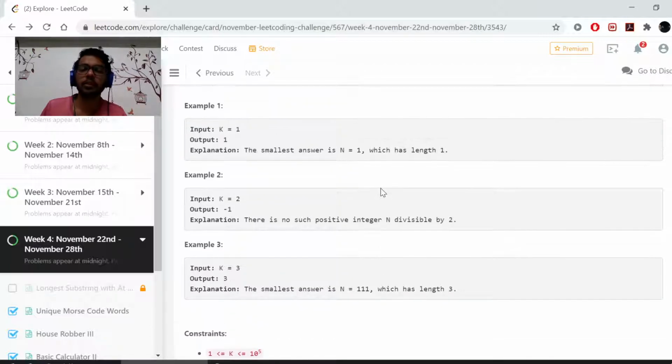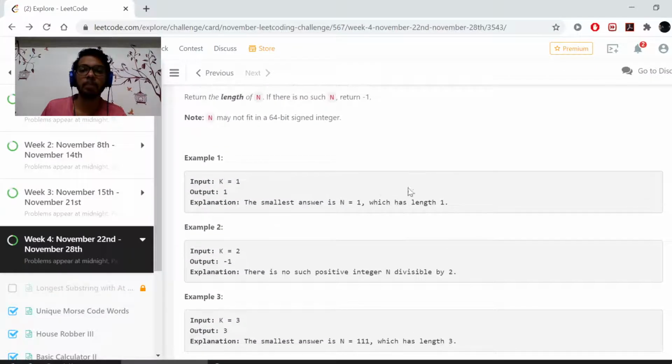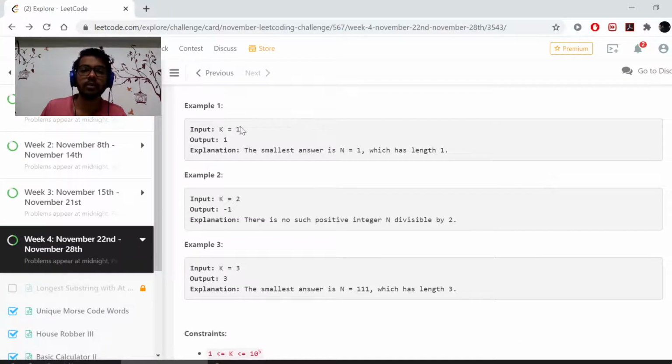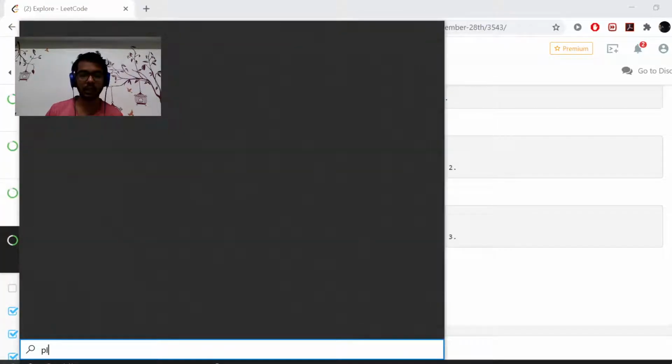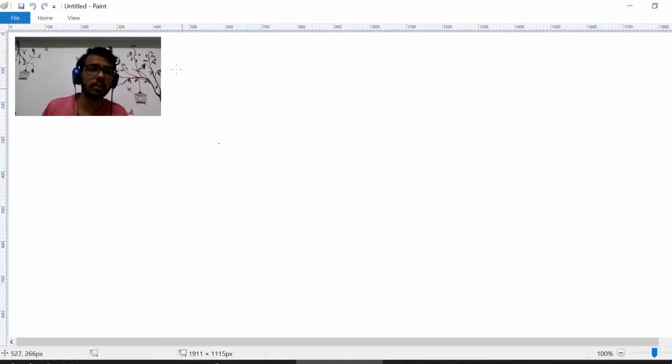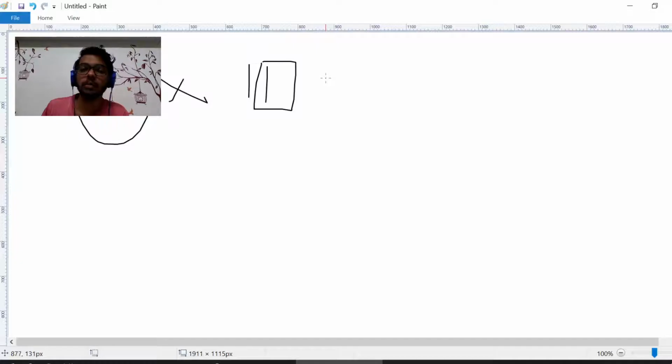Before finding that integer n, let's first see whether that integer exists or not. In this case it exists, in the second case it does not, so let's continue with more cases. For 2, it will never exist, because no multiple of 2 will ever end with a 1. It will always be even, so we don't need to check for 2. For 3, we checked that it exists.